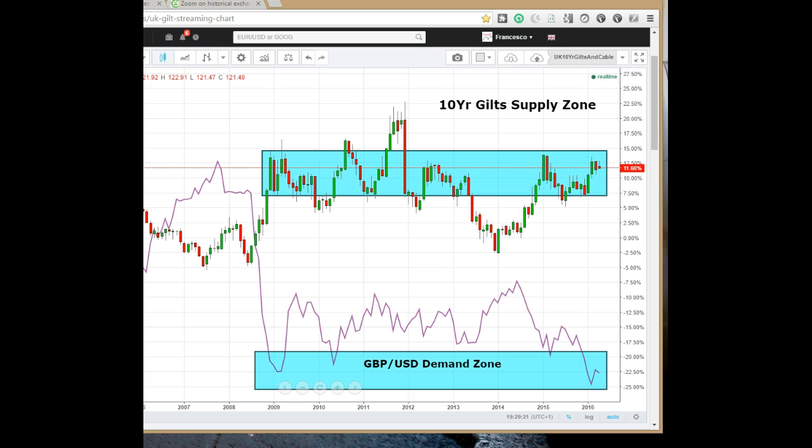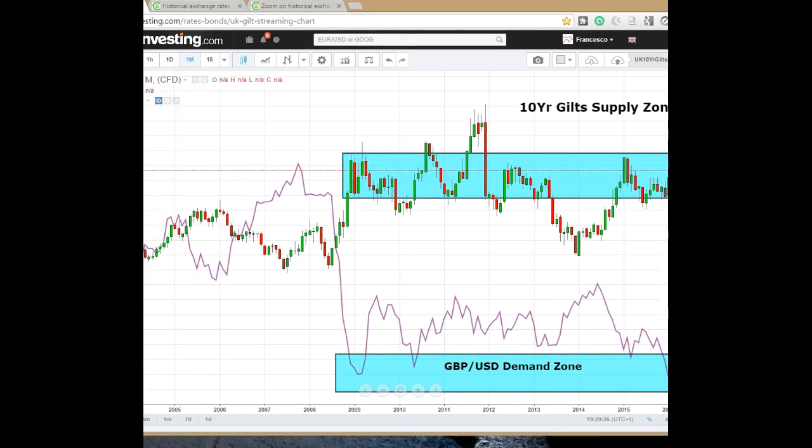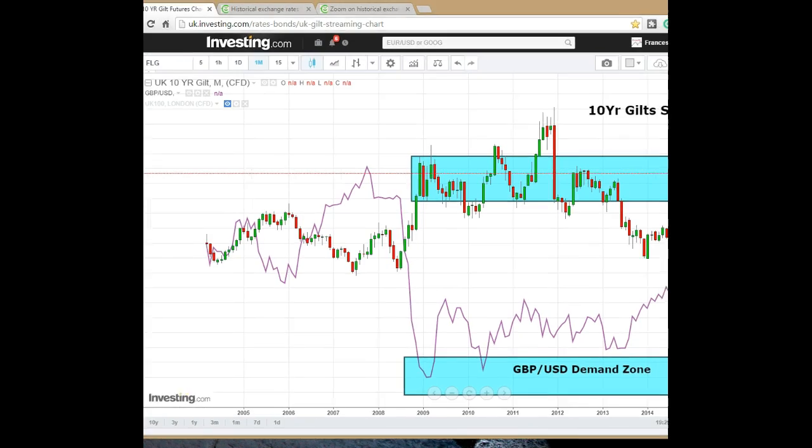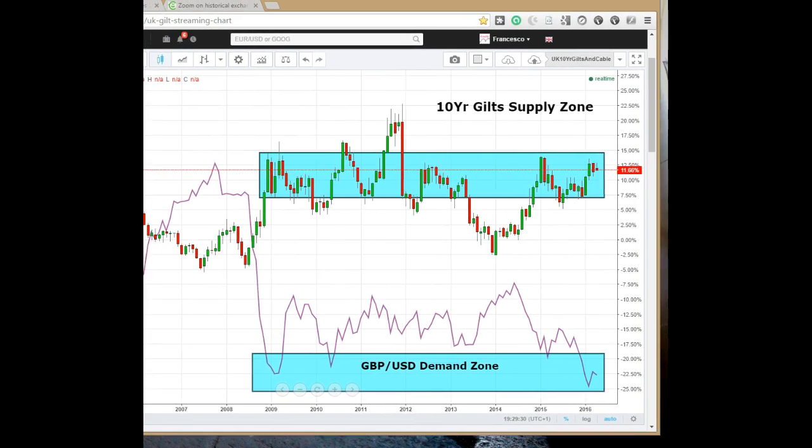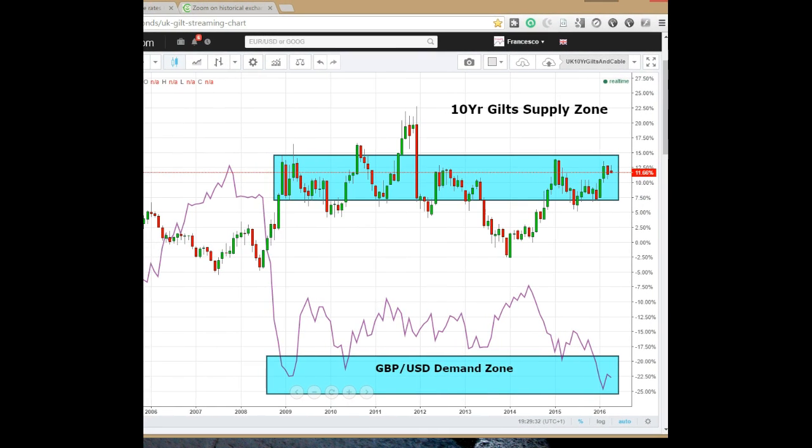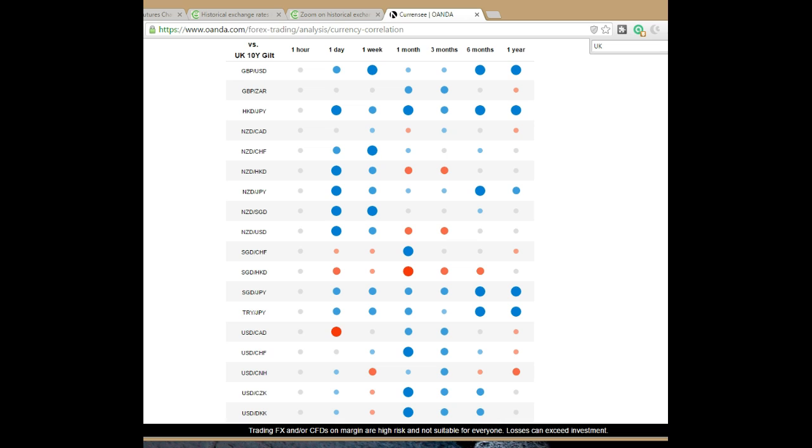So you can see on this chart, and this is from ukinvesting.com, that the correlation between the two assets is inverse, and it's very strong, and you can verify this on Oanda's correlation table. So you can see on oanda.com the heat map, if you select the 10-year gilts, it gives you the correlation against the British pound US dollar.